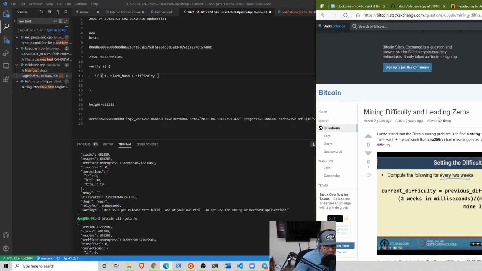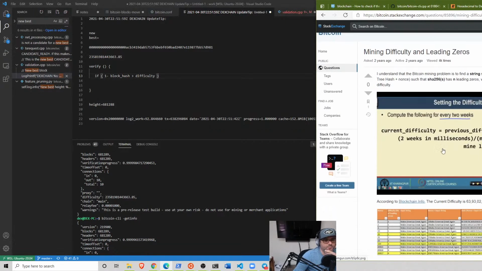Here we go, leading zeros. Compute the following every 2 weeks. I understand that Bitcoin mining finds a string less than a target.